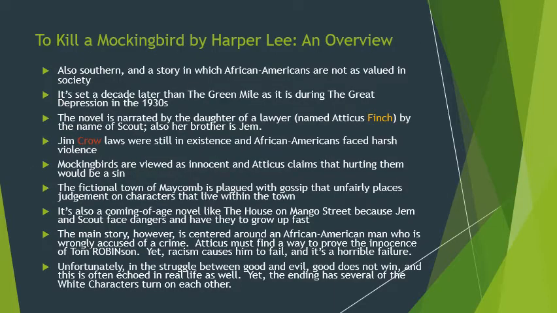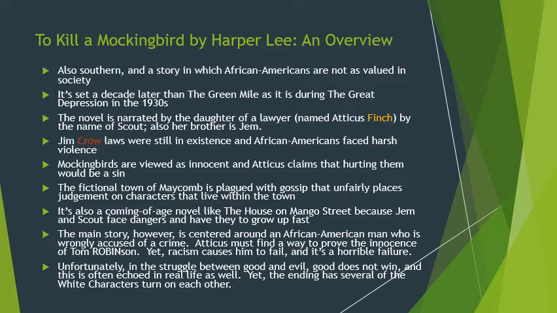So we have To Kill a Mockingbird. Right, it's also Southern. It's in the 1930s, which is about 10 years after The Green Mile is set. But again, you have a novel that is narrated by the daughter of a lawyer who's, of course, defending a man who is accused of rape, and it does not go well.